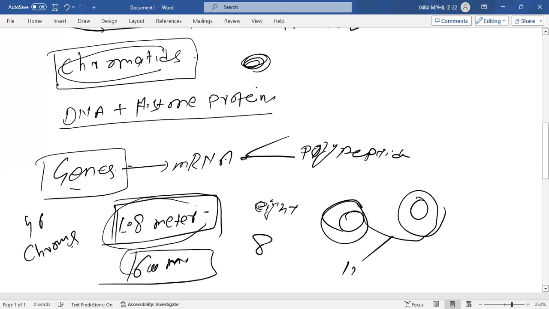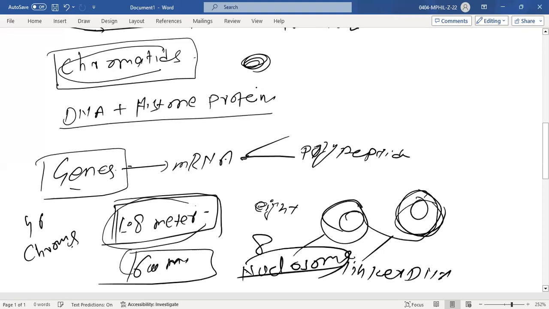So this is the linker DNA. Linker DNA is going to link these two histone proteins, and this is what we call a nucleosome. It's a body which is formed with this DNA and histone protein. That is a nucleosome, right?